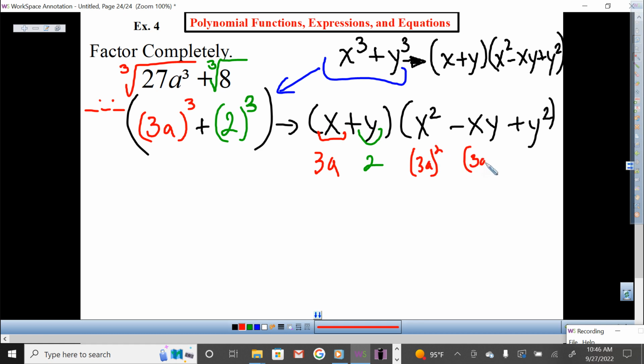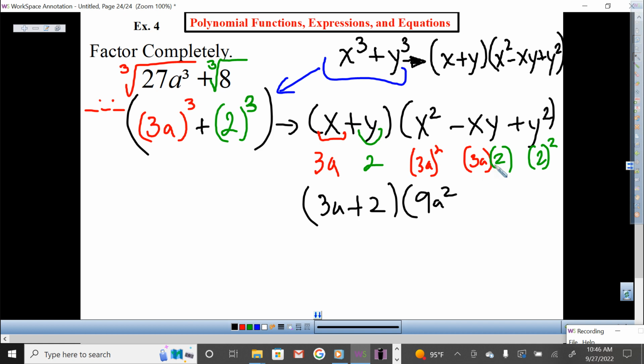This is 3a. And for the y, we got 2. All right, so that means this becomes 3a plus 2 times 9a squared minus 6a plus 4. These are my factors. Wait, do we have a GCF? No. So these are factors.